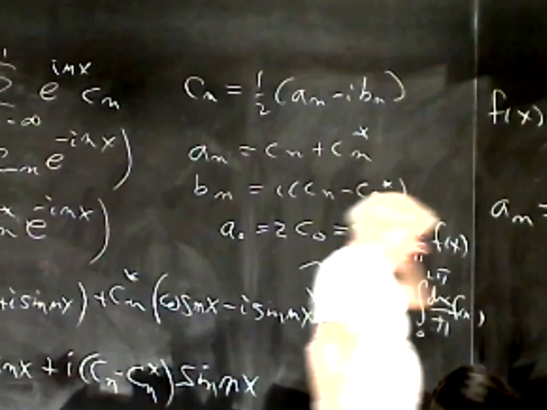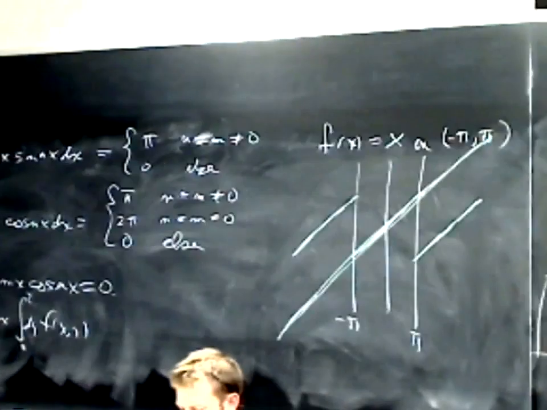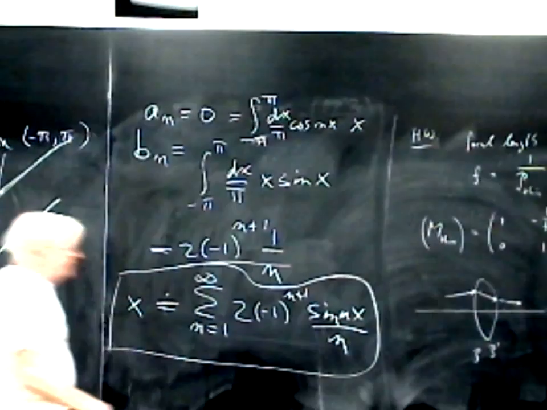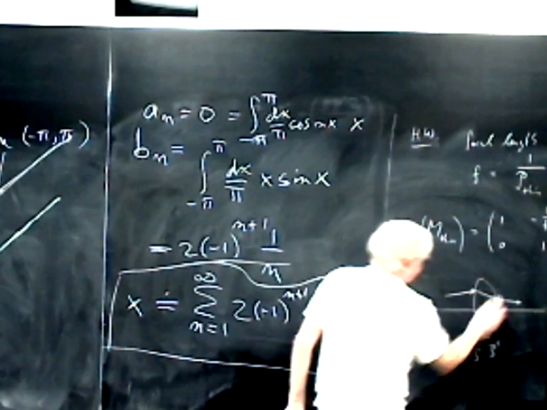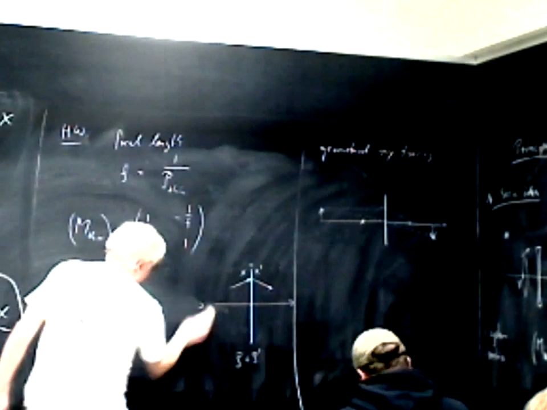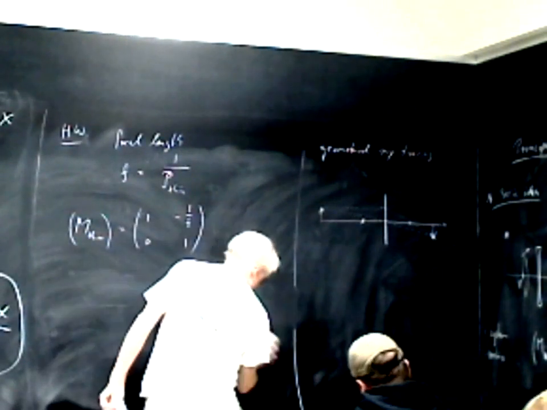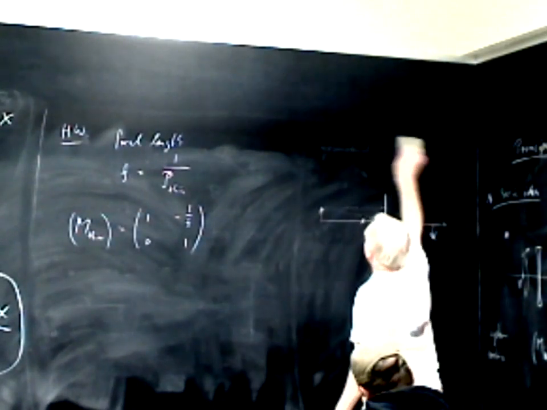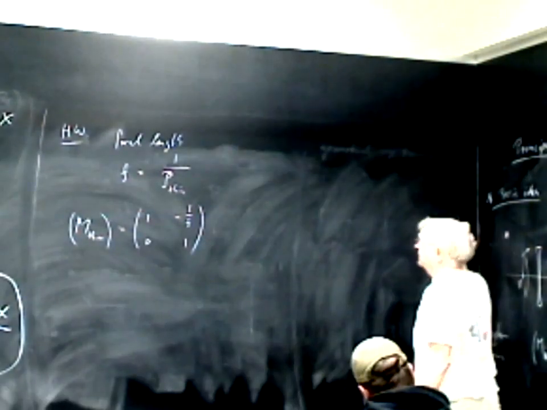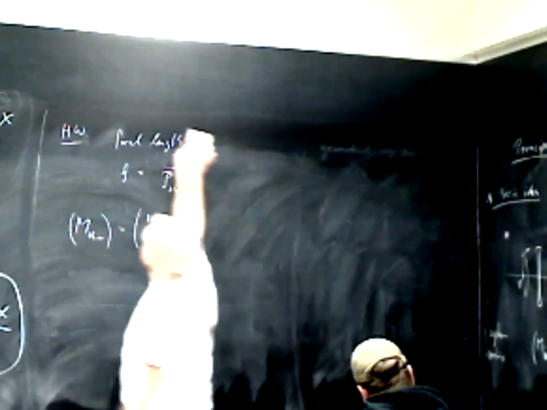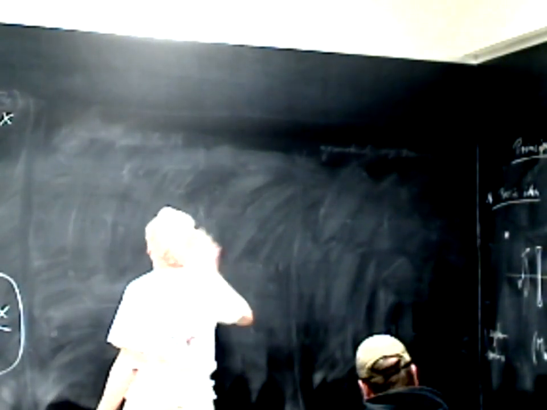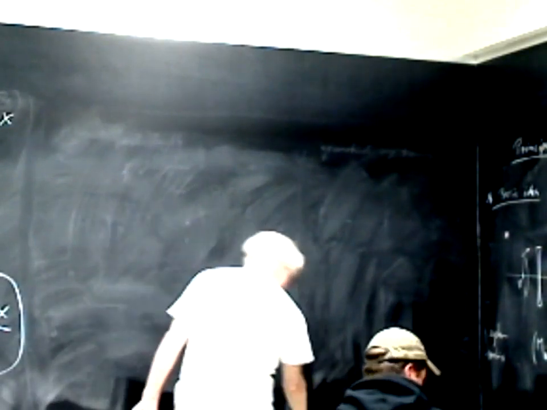So far we've been saying we can move our interval from 0 to 2 pi, or minus pi to pi, or r to r plus 2 pi, but we've always kept it a length 2 pi.